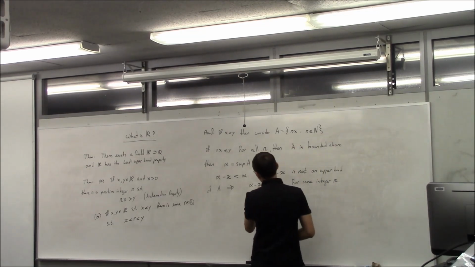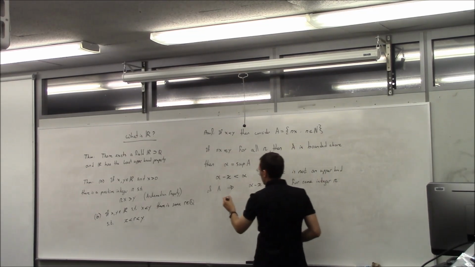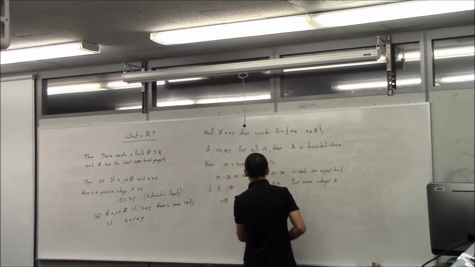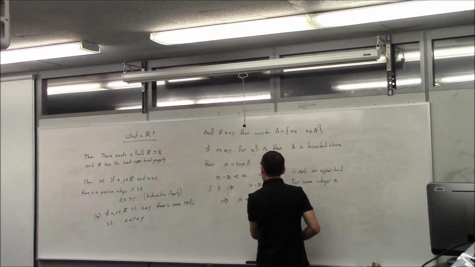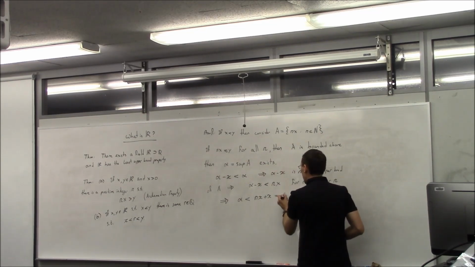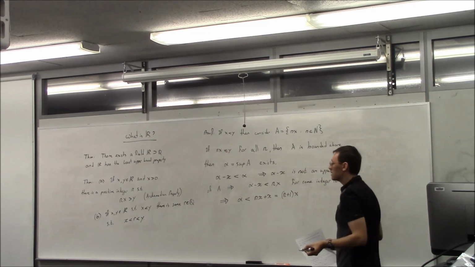But then you can move the x across. And what does it imply? This implies that alpha is less than nx plus x, which is equal to n plus 1 times x.